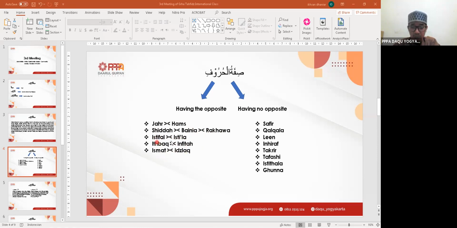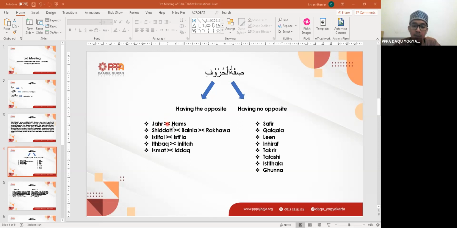So these 11 names are the Arabic letters trait, or sifatul huruf, which they oppose each other.